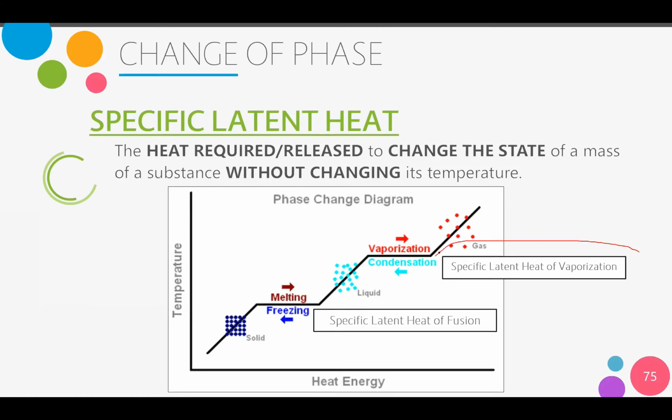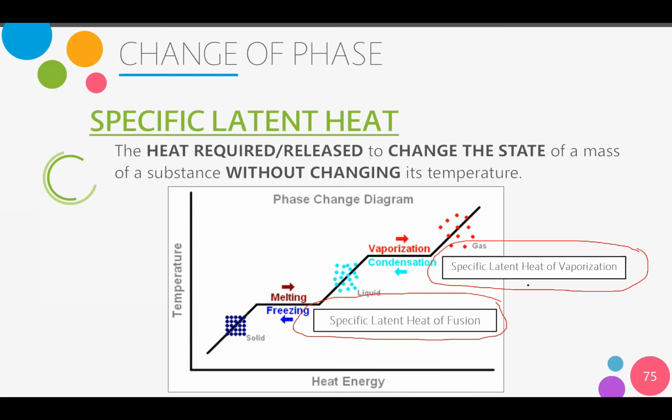So the vaporization and the fusion. So it is much better for us to know the types of latent heat so that we can identify what type of specific latent heat ang ating gagamitin.